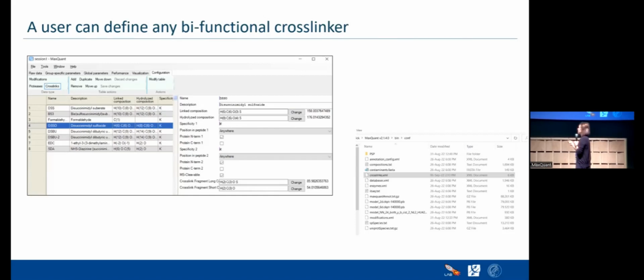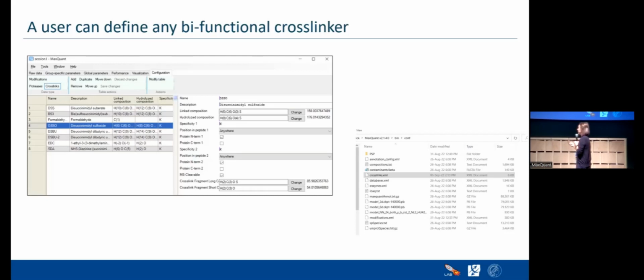And where this can happen, it can happen anywhere. Is it possible that protein N-terminus can also be linked? Yes. Sometimes your crosslinker is not aiming at protein N-terminus, but C-terminus. In that case, you click on it here. So it might be that the specificity 1 section and the 2 are equivalent, but not always the case.